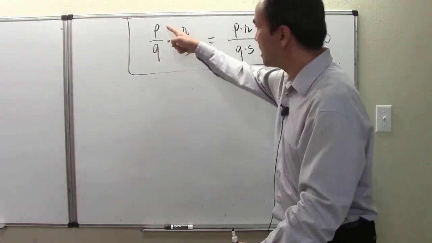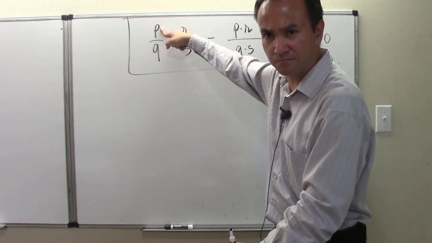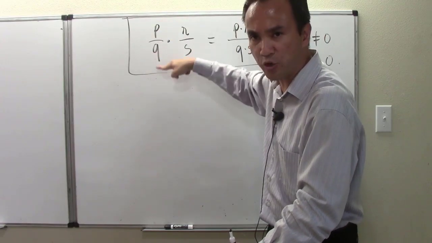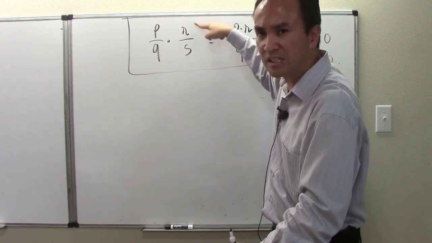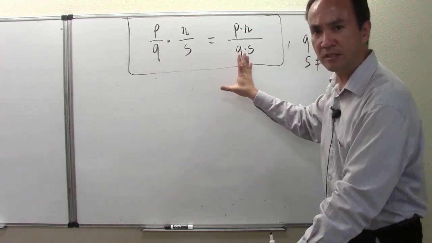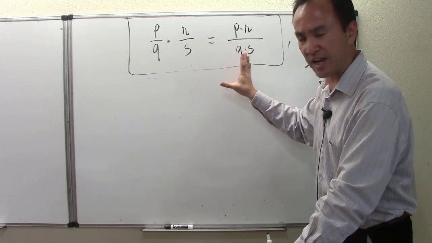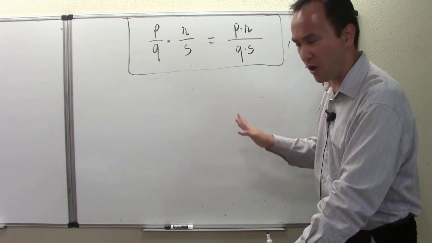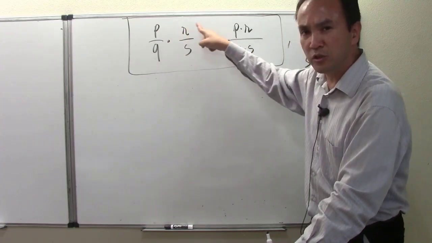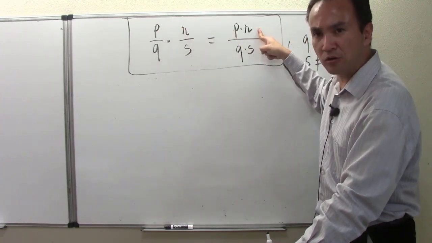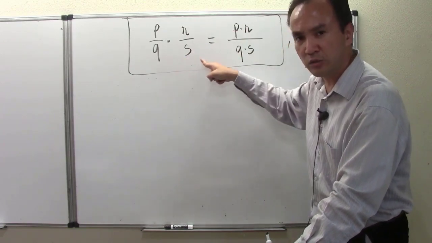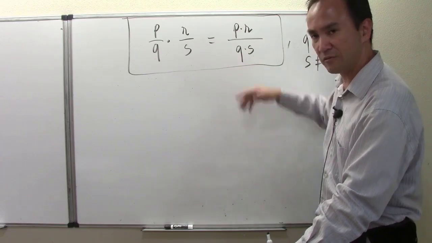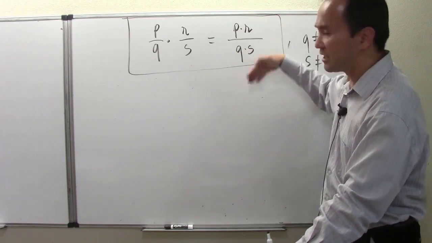Think of P over Q: P is one entire polynomial, Q is another entire polynomial, so P over Q is one rational expression. Multiplying that with another rational expression, the same method works. We multiply the two numerators together to get a final numerator, and we multiply the two denominators together to get a final denominator, and the rational expression comes out in exactly the same order.